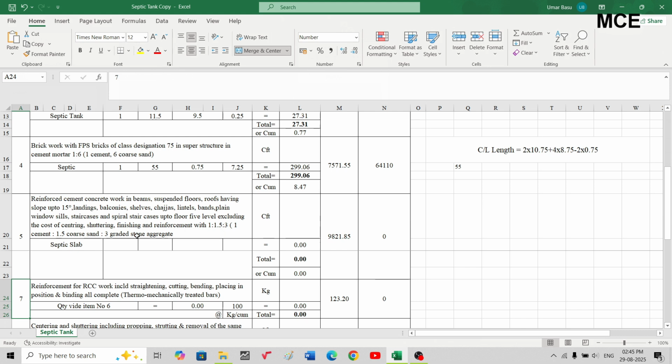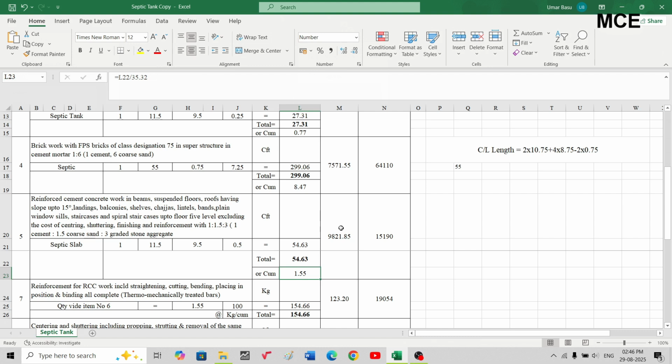So again it will be 1 into 11.5, because a slab will be provided end to end, 9.5 which is the width, and thickness of the slab, let us take it as 0.5 feet. So total for this will be 54.63 cubic feet. In cubic meters it will be 1.55 cubic meters.